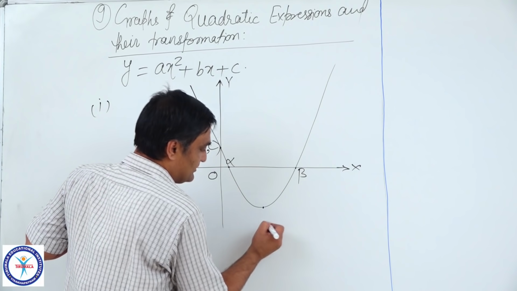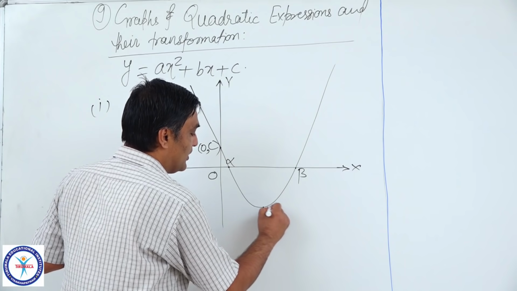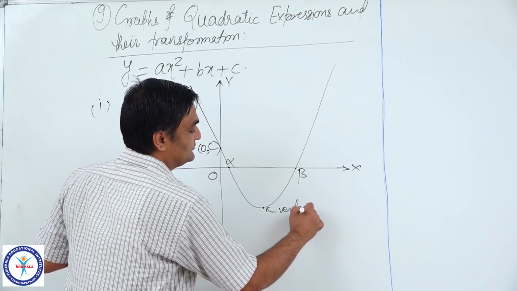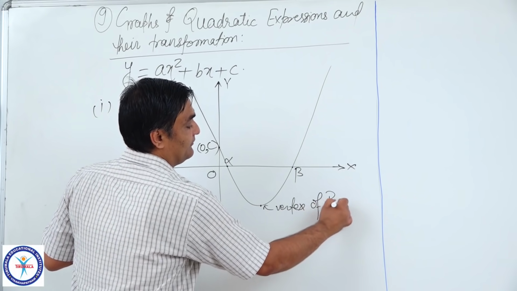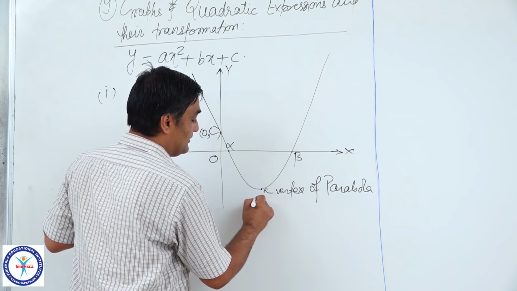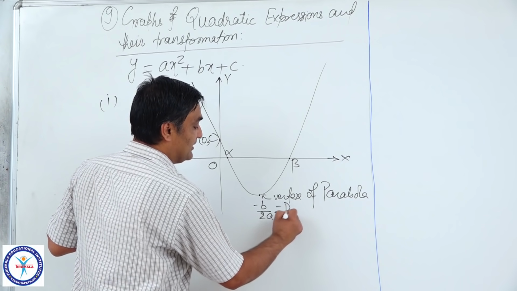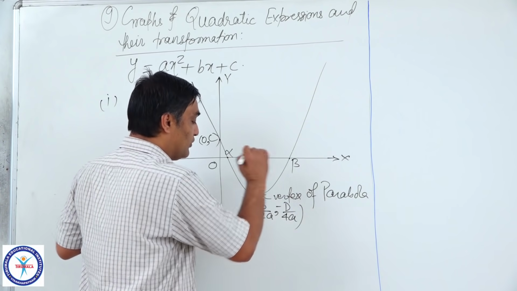This point, the lowest point, is called the vertex of the parabola. This is given by (minus b by 2a, minus d by 4a).